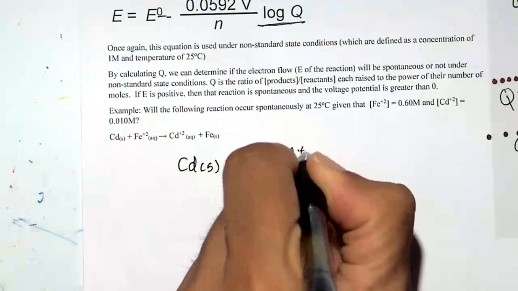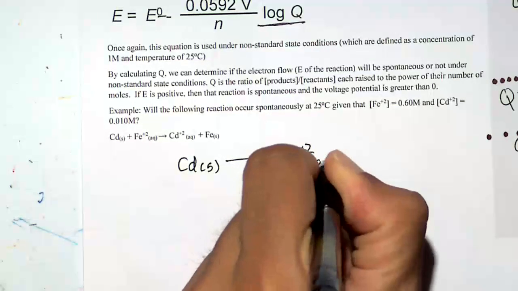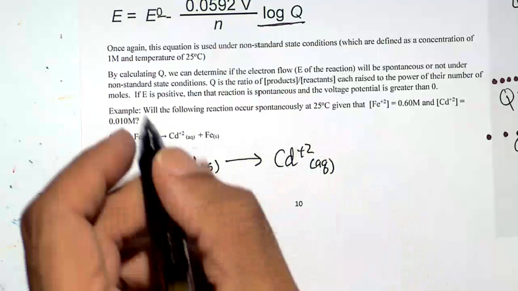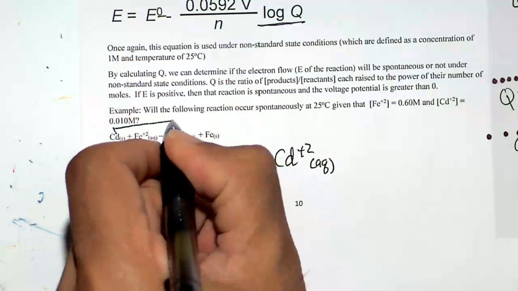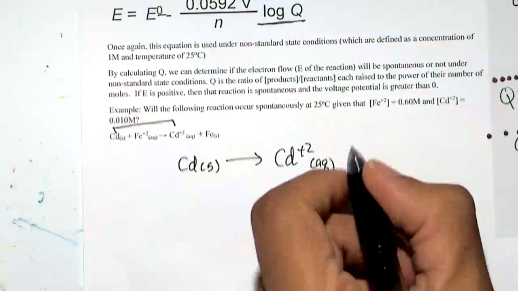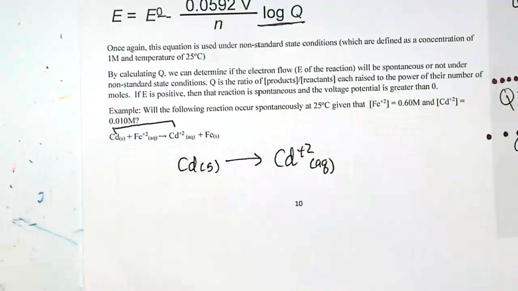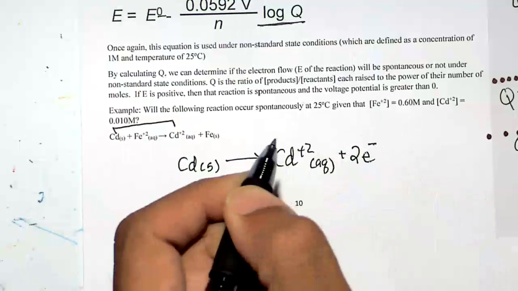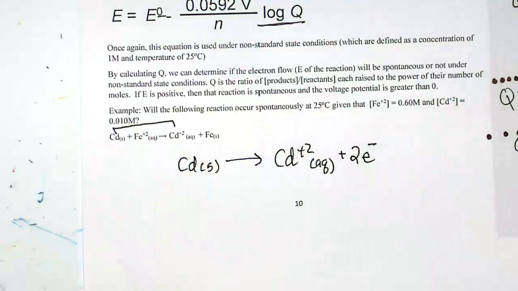Cd solid goes to Cd plus 2. How many electrons and where should it go to balance this out? 2 electrons, where? Products, very good.